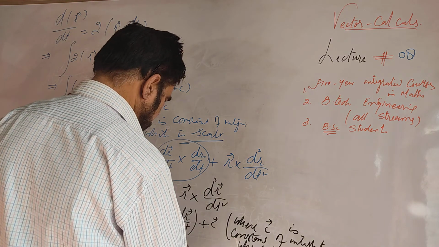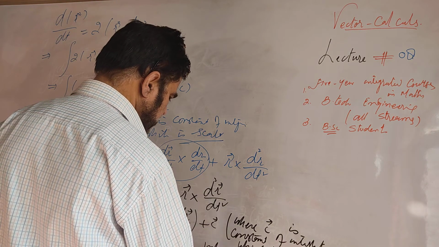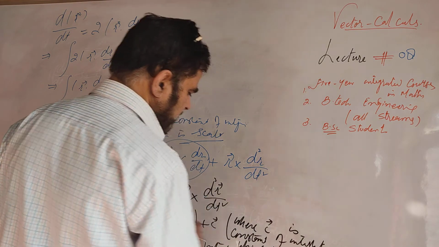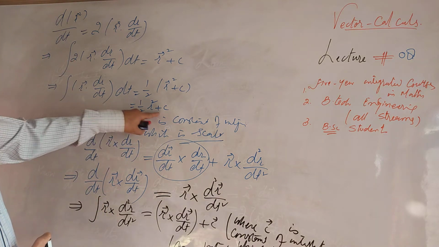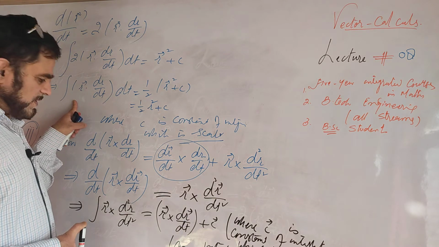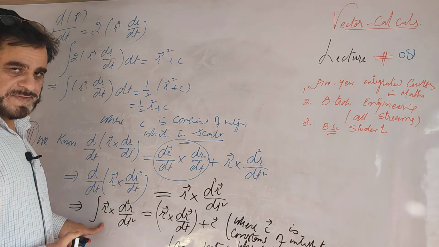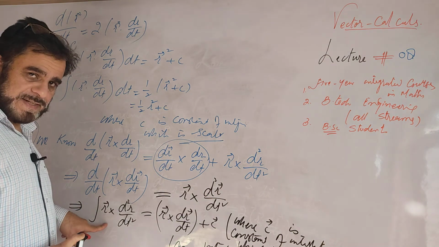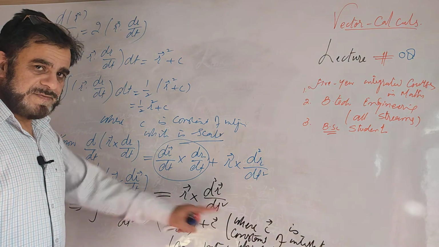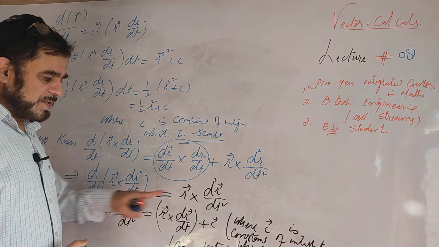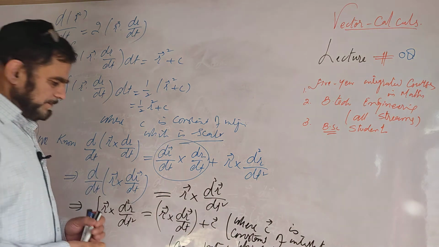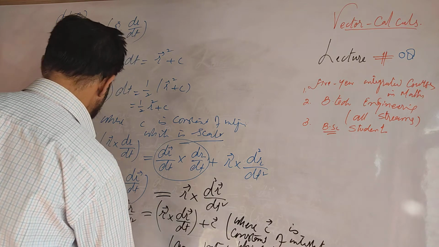Earlier I said this C is scalar because our integrand was a scalar. The dot product of two vectors is a scalar. Here it is the cross product of two vectors, which is a vector. So when the integrand is a vector, the constant of integration is also a vector. If the integrand is a scalar, then the constant of integration you add in case of an indefinite integral will be a scalar. Okay.